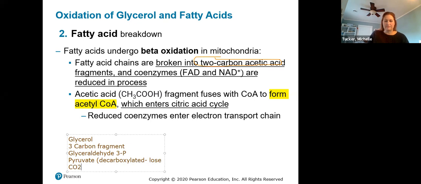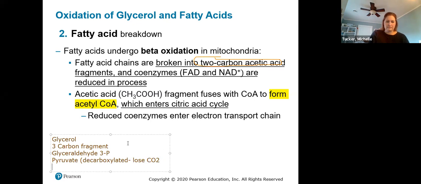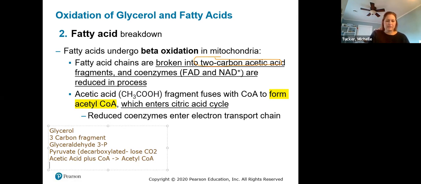It's one of the first steps, so that it becomes acetic acid, plus coenzyme A to become acetyl-CoA, which can then enter the Krebs cycle.